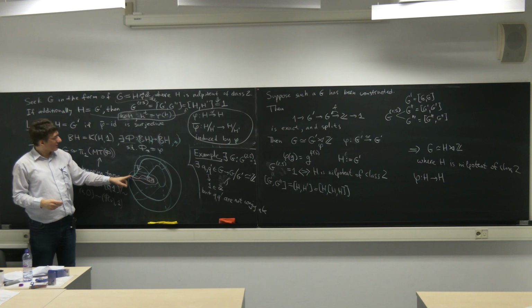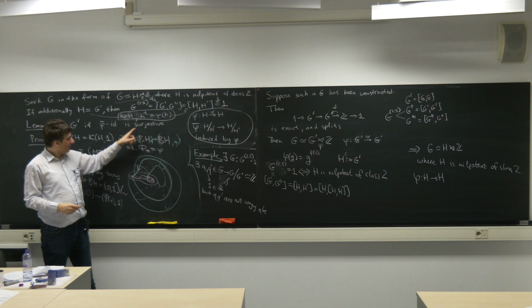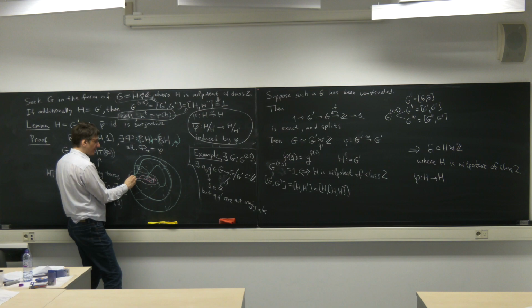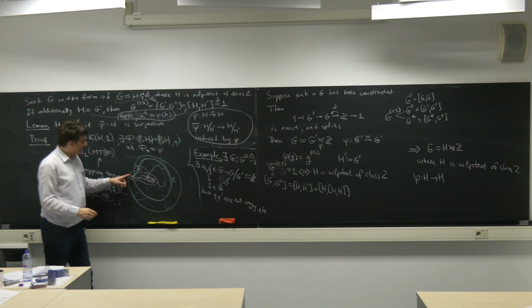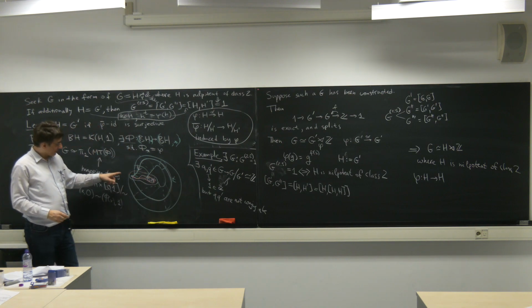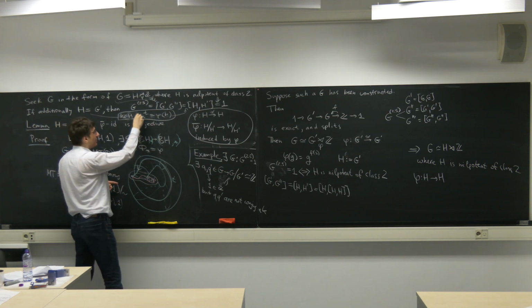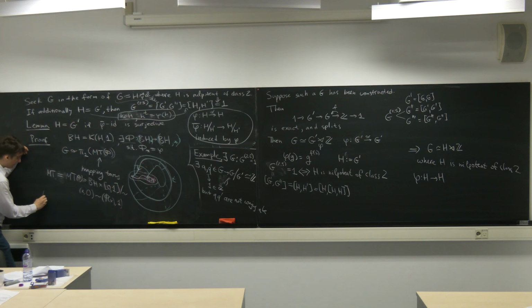So I want to check that conjugation by this loop works. This is my element H, a loop representing this H in BH. And if I conjugate it by this T, then I must get phi of H. Well, indeed, what is this conjugation? H conjugated by T is T inverse HT.